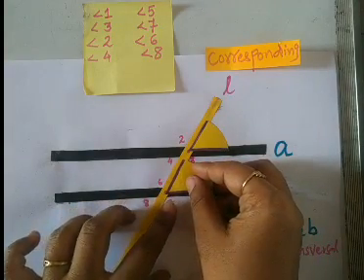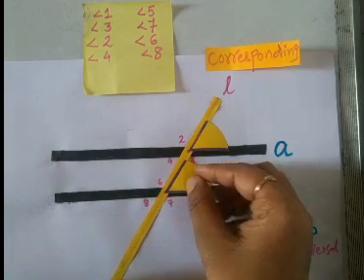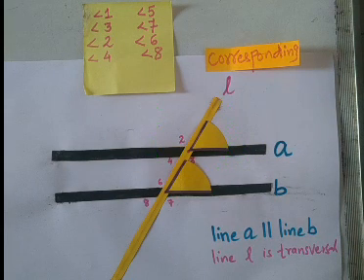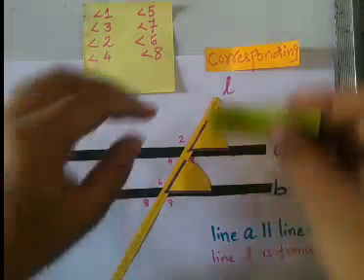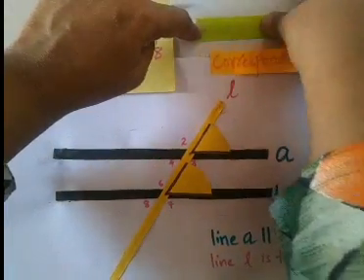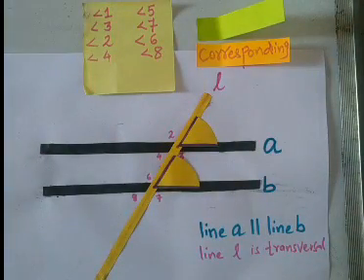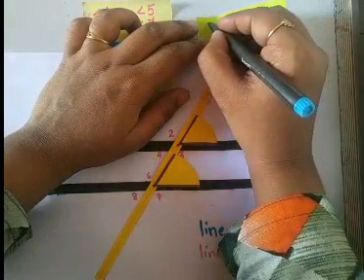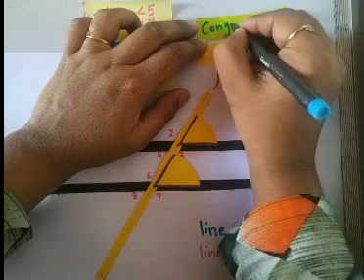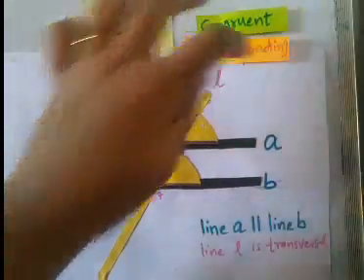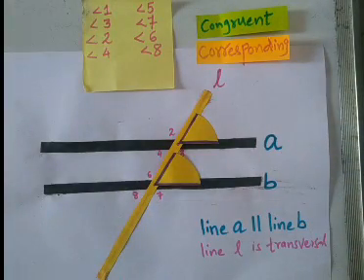So as I said, angle 1 and 5 are corresponding to each other, and as the property says, corresponding angles are congruent.